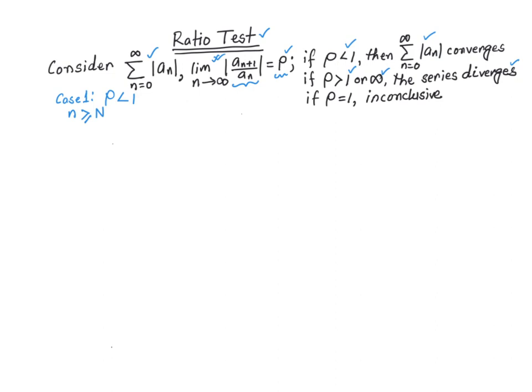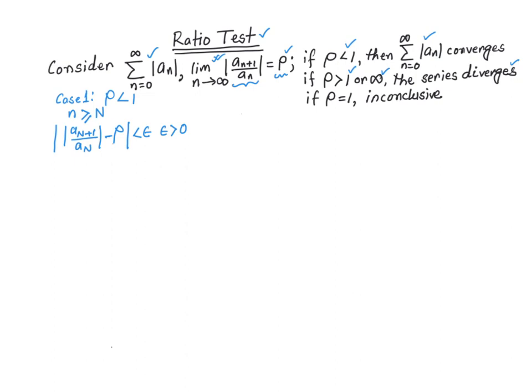If we put it mathematically, this is what it means. The absolute value of a sub n plus 1 divided by a sub n, minus rho, absolute value must be less than epsilon, where epsilon is some arbitrary positive number, greater than 0. That means we could make it as small as we want.